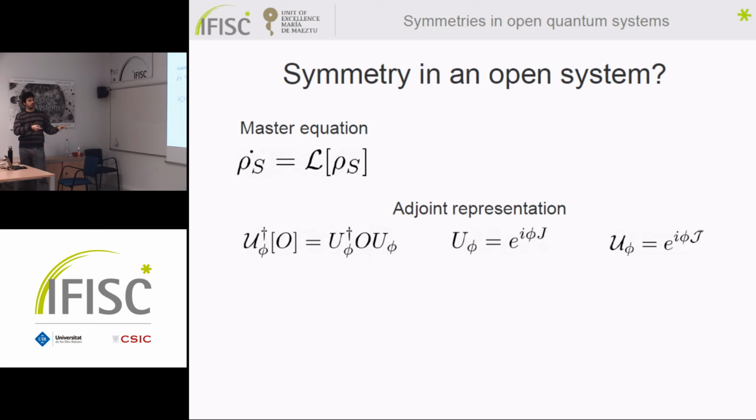Now we have to introduce this calligraphic U that is a superoperator, and it is defined like this, where O is a general operator on the system. Again, I'm using calligraphic letters for superoperators, things that act on the operators. You see the L here is calligraphic, the U is calligraphic. While I'm using standard letters for operators that act on the system only.